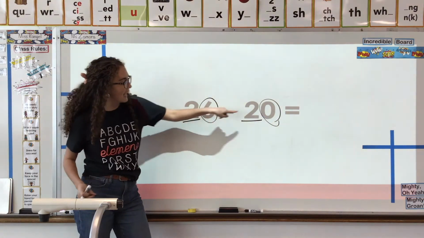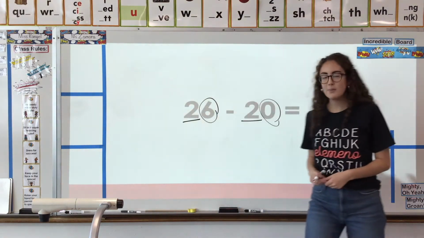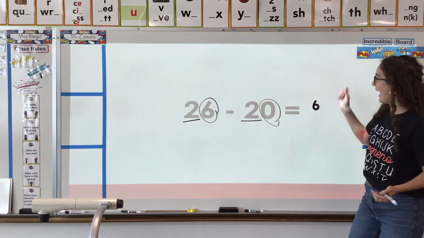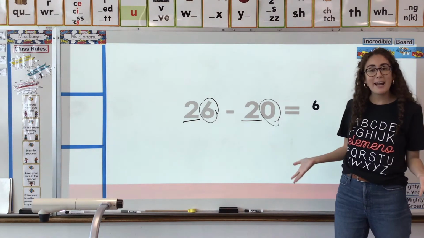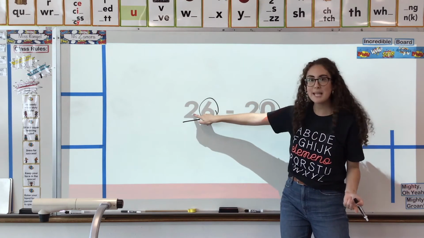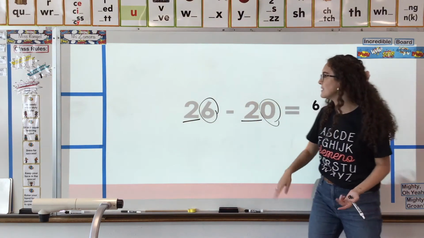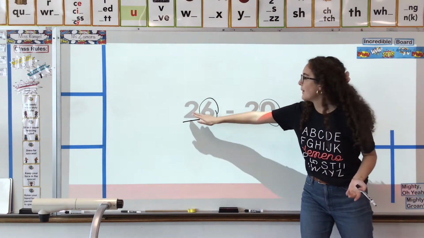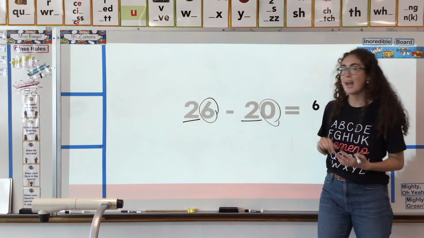If we have 6 and we subtract 0 from it, what do we get? We still have 6. So our answer is 6. We took the whole 2 tens away, and all that was left is our 6. And we can quickly solve that by just looking at our tens and our ones place.